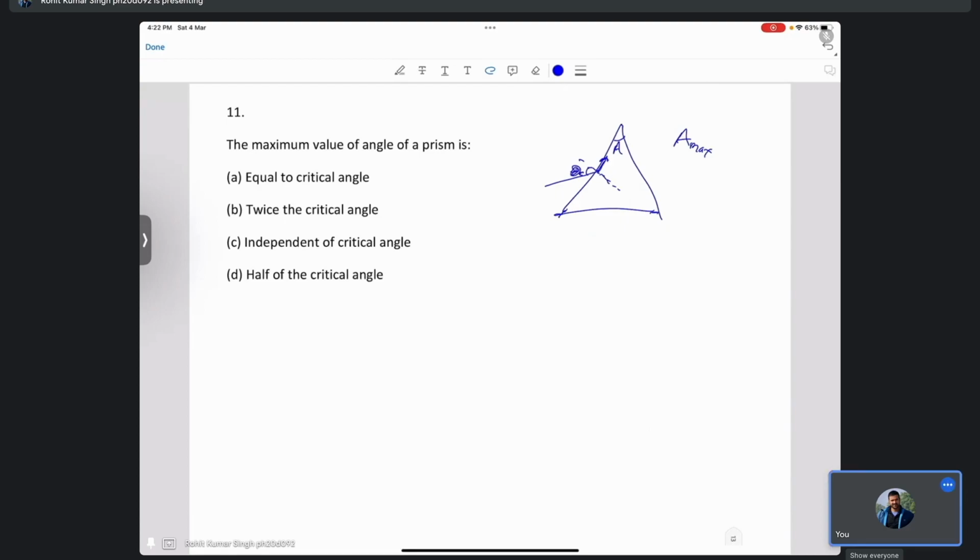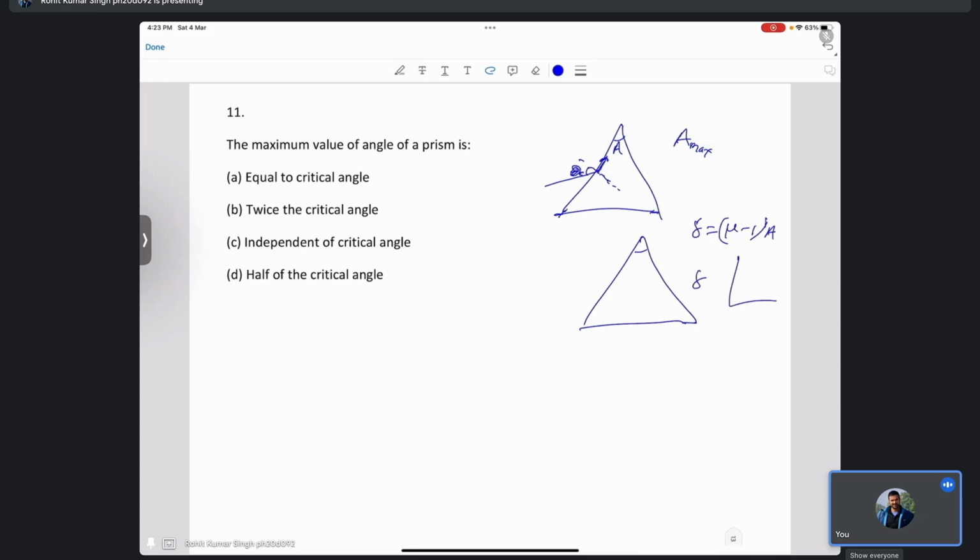Should it be independent? Obviously, when the prism is made, no one thinks about this critical angle. But as I showed, the deviation that this prism will cause depends on the angle of the prism, and it also depends on the angle of incidence, right?